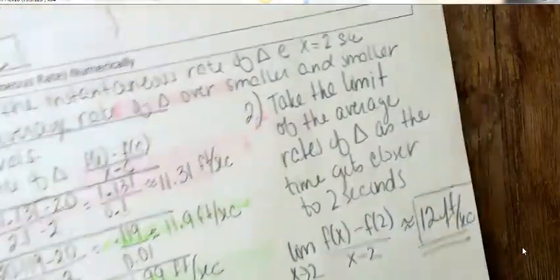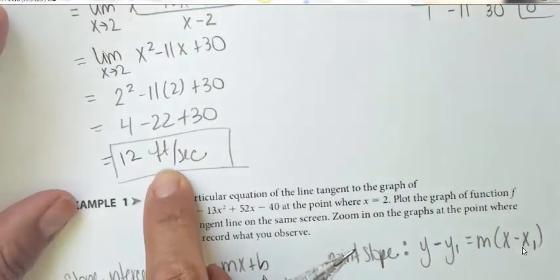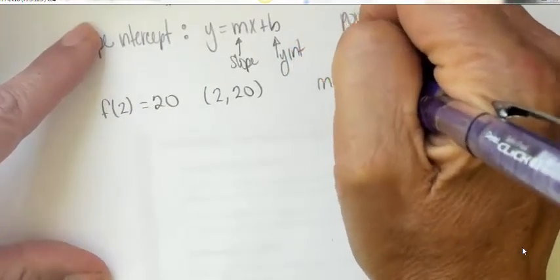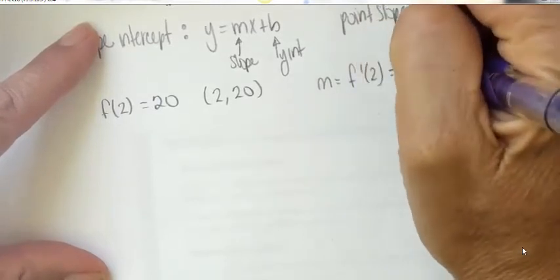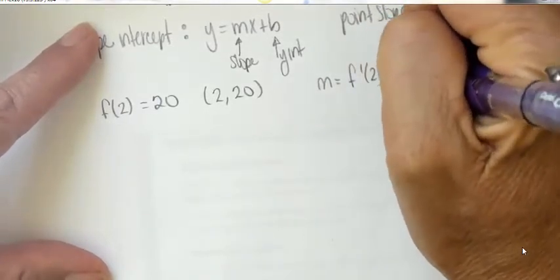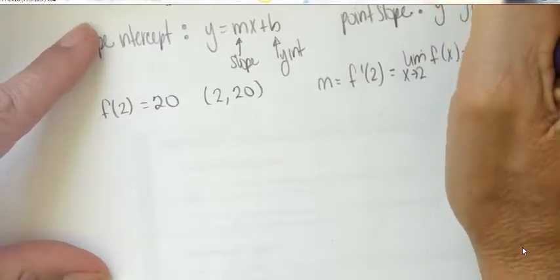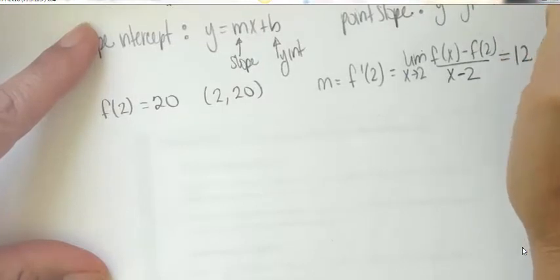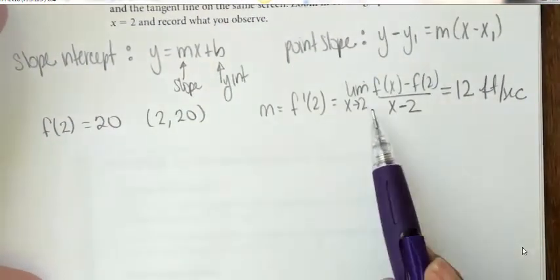This was an approximation. This one I actually found algebraically. It is exact. So I know that my slope, which is going to be the same as f prime of 2, which by definition is the same as the limit as x goes to 2 of f of x minus f of 2 over x minus 2, I know that that's 12 feet per second. So I just rewrote everything that we've talked about right here.